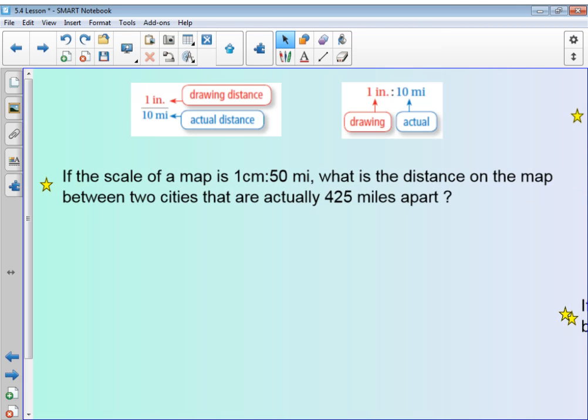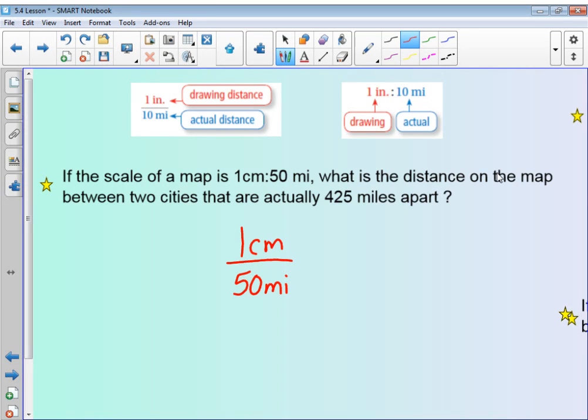Okay. If the scale of a map is, once again, 1 centimeter to 50 miles, what is the distance on a map between two cities that are actually 425 miles apart? So this would be where, if you're creating a scale figure, like you're creating the map, you're going to have to understand how far apart am I going to have those figures on the map?